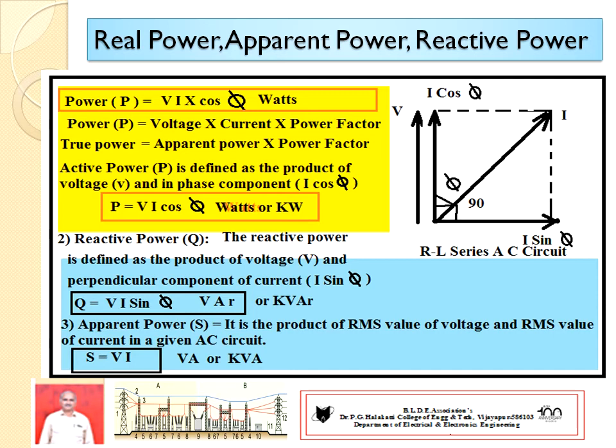This current has two components. One is the parallel component with applied voltage, also referred to as in phase component, as shown in figure, that is I cos phi. Similarly, I sin phi is the perpendicular component to the applied voltage, also referred to as quadrature component.